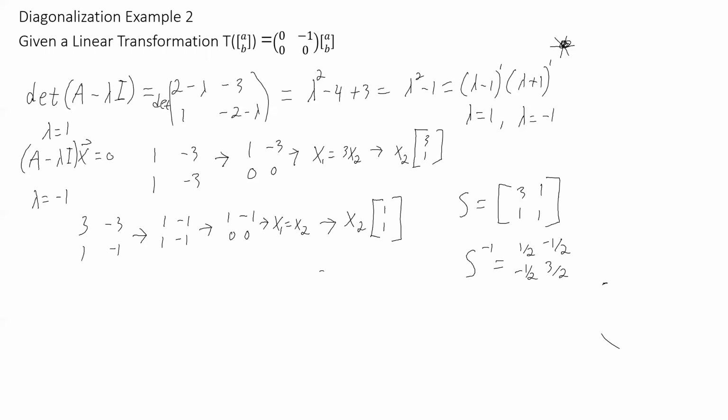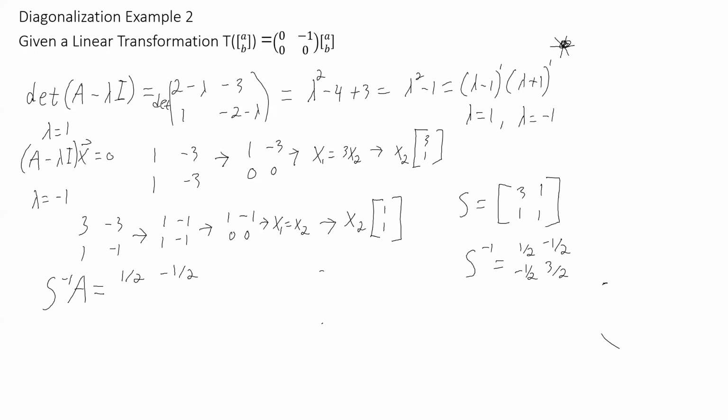So if we wanted to do S inverse A, that equals, I have already calculated this too, 1/2, -1/2, 1/2, -3/2. Don't worry, I can't do this in my head that quickly.